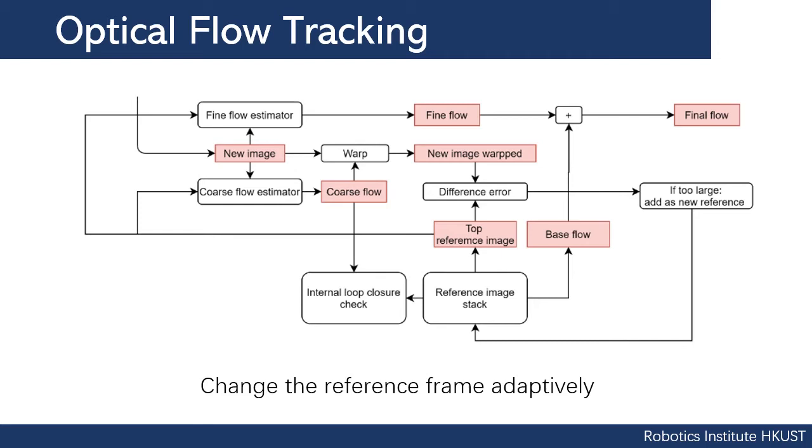If we find the error is very large, this means we need to add the current image into the reference image stack, and later on it will be used as the reference image. We are also constantly checking if we can reduce the size of the reference image stack to make it more memory efficient.